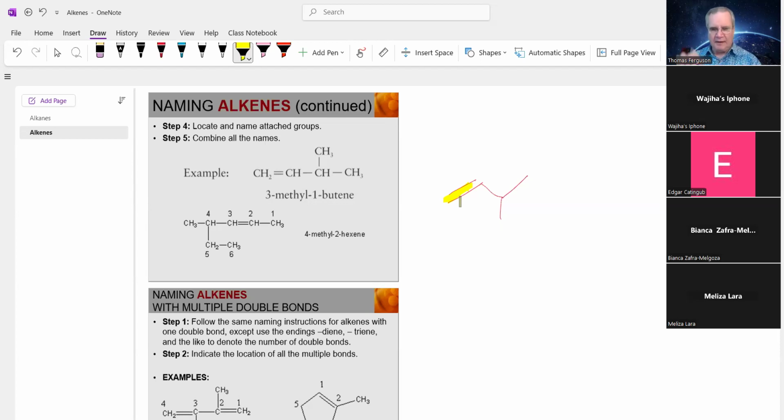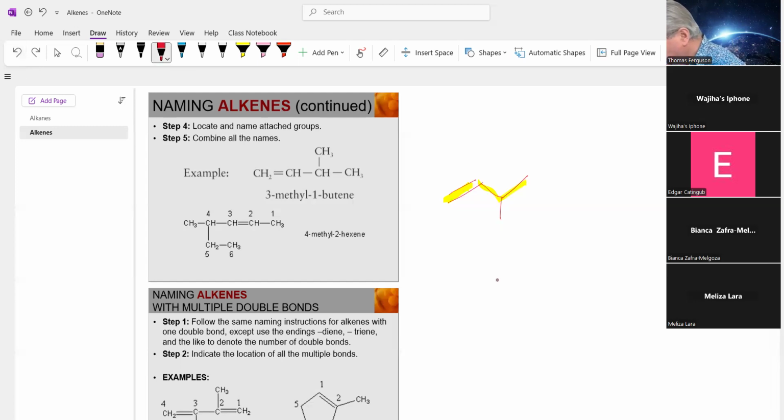Just in general, we find the functional group, and then the longest chain that contains it will be the backbone. So we've got 1, 2, 3, 4, this way or this way. Either one of those is a 4-carbon chain containing the backbone.